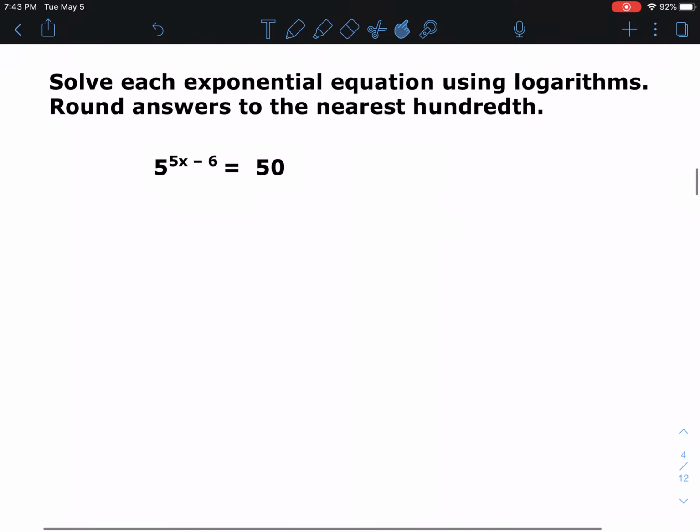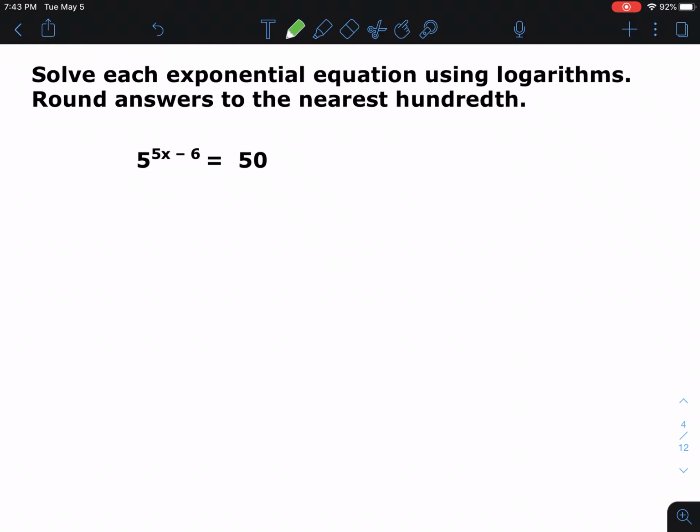This is the same kind of problem, just a little bit more going on. Again, I don't see anything I can do in terms of simplification right off the bat, so I'm going to go ahead and use my conversion to a logarithm. So I'd have log base 5 of 50 equals the exponent, which is 5x minus 6.